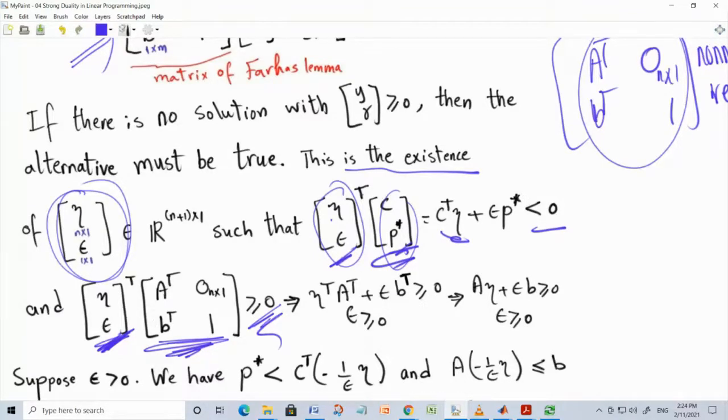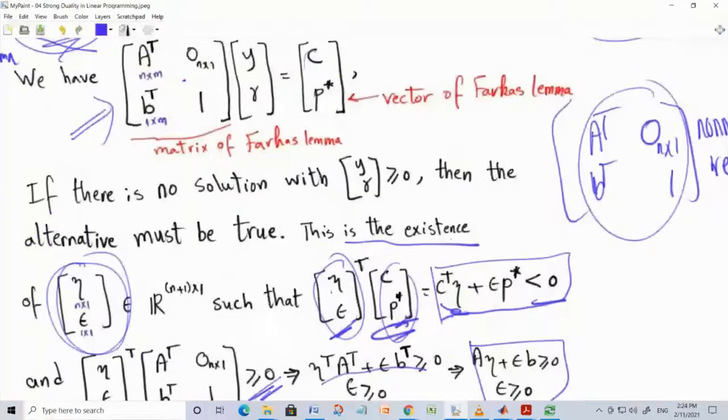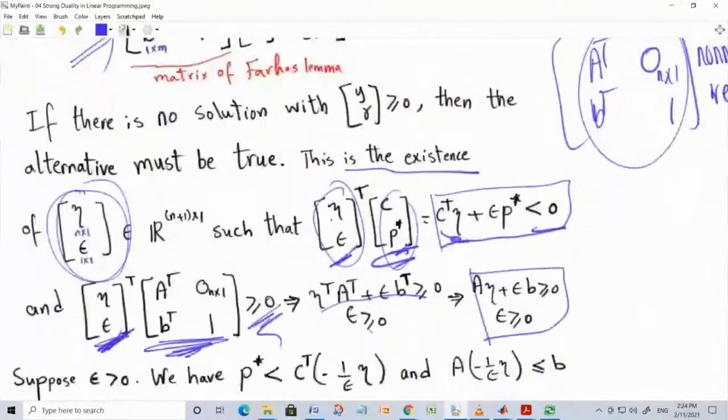And here it must be the case that eta transpose A transpose plus epsilon B transpose must be non-negative, and also that epsilon is non-negative. And this one you can take the transpose of both sides. So basically, by Farkas Lemma, those must be true if this is false.